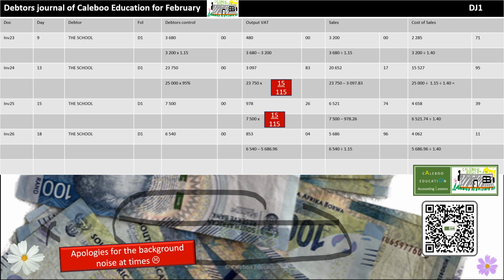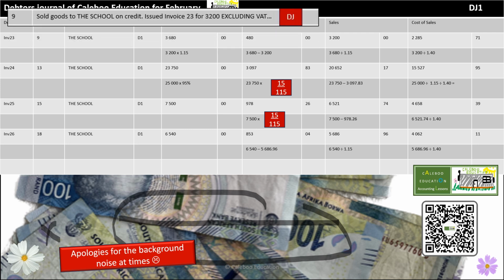Let's have a look at the transactions we identified, the credit sales for the month. So on the 9th, sold goods to the school on credit, issued invoice 23, 3,200 excluding VAT.